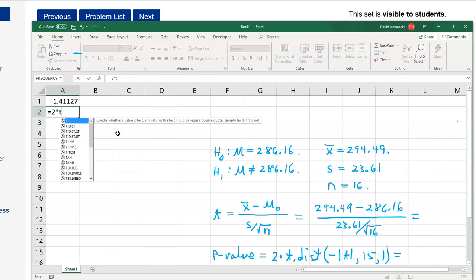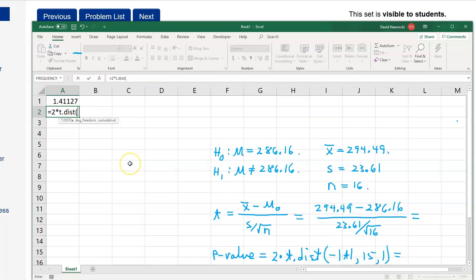Now our p-value: 2 times t.dist of, now I could type in negative 1.41127 here, or I can just do this. I know my test statistic is in cell A1, so I'll go negative ABS for the absolute value of cell A1.